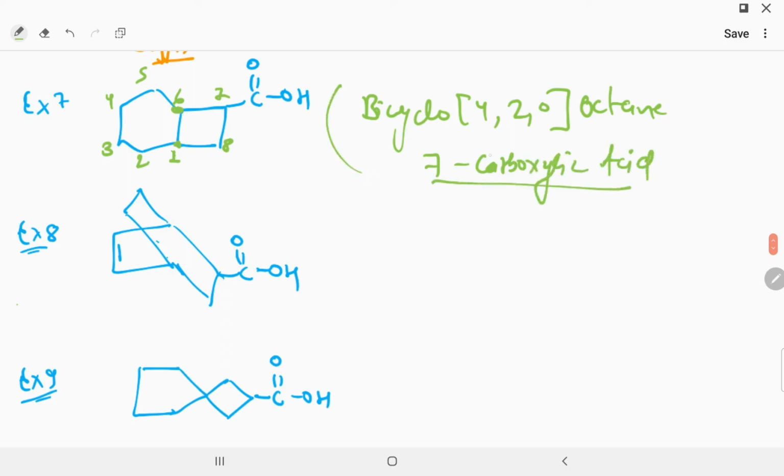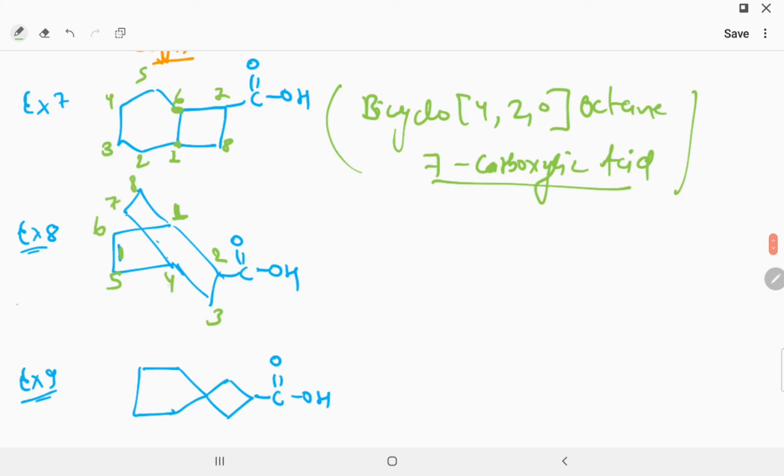Is it clear? Now this eighth one is also a bicyclo compound, but in this all are 2 carbon chains. So we start numbering with this, then we give the minimum number to the carboxylic group, then the double bond the minimum number: 1, 2, 3, 4, 5, 6, 7, 8.